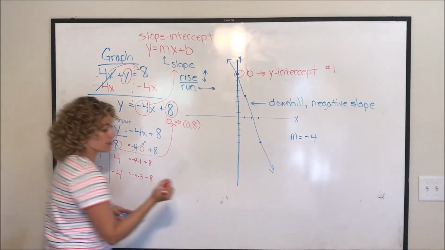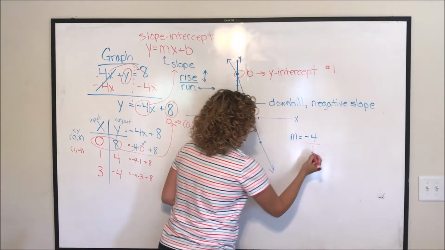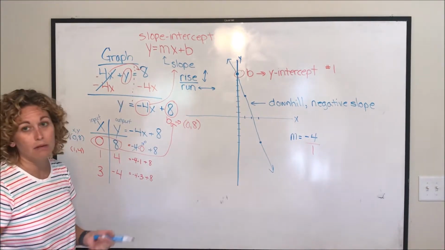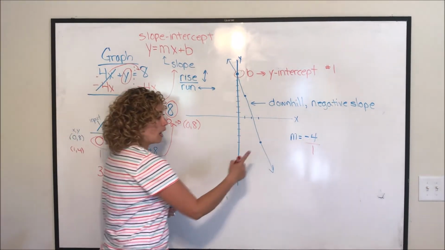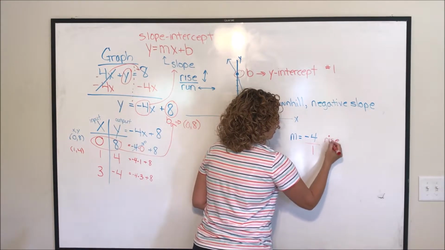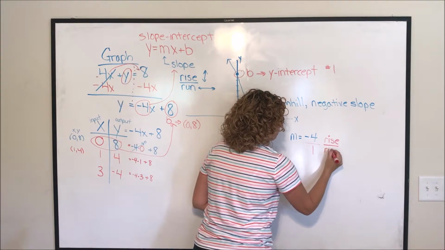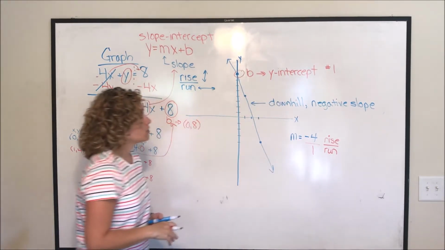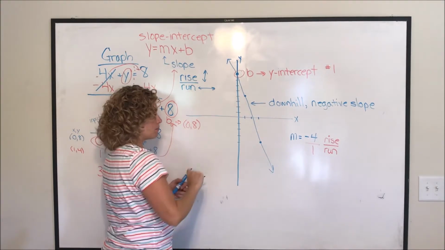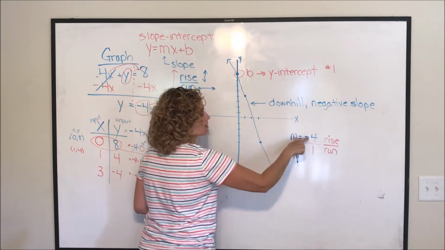To make this easier, I'm going to put a 1 underneath, and that's that understood 1, okay? You don't need it, but it helps us sometimes. I know that this equals rise over run. Okay, so what I'm going to do, I'm going to go to my y-intercept, my b, and I'm going to rise -4.